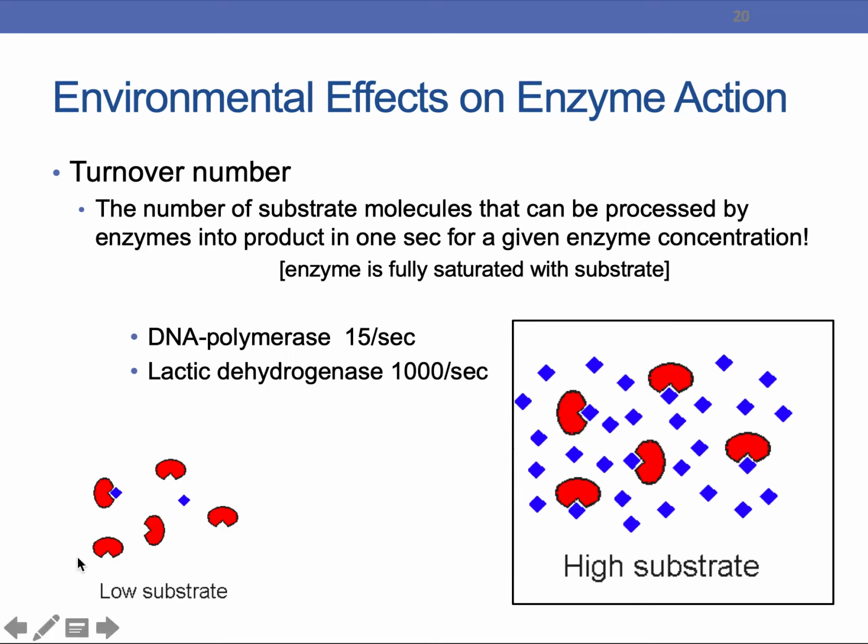We look at 2 instances where you have low enzymes. So you have 5 substrates, and you only have 2 enzyme molecules available. The rate of reaction, because you don't have the right concentration, will be slower.